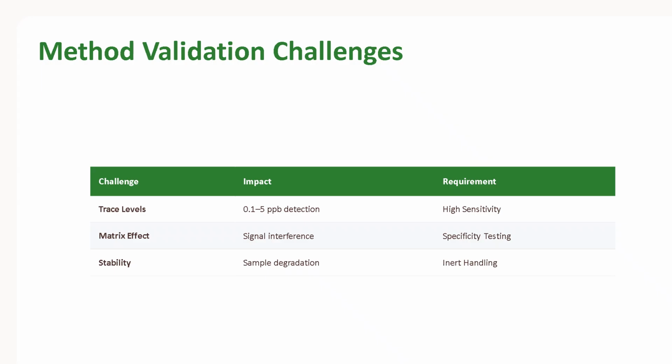Another challenge is stability. Some impurities degrade during sample preparation, which means laboratories must handle samples carefully using inert conditions. Because of these issues, analytical methods must undergo strict validation to confirm their accuracy, precision, specificity, and robustness.